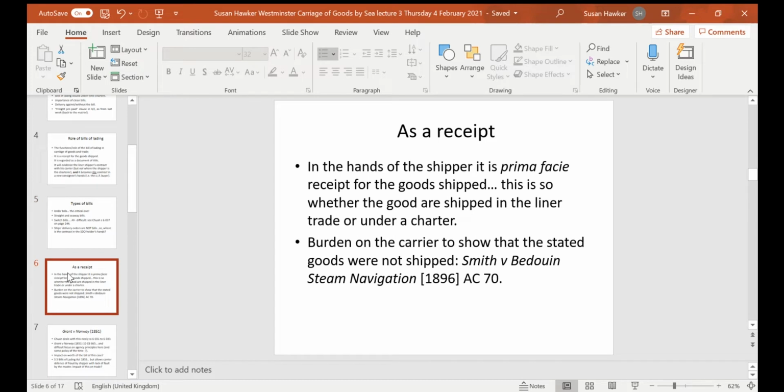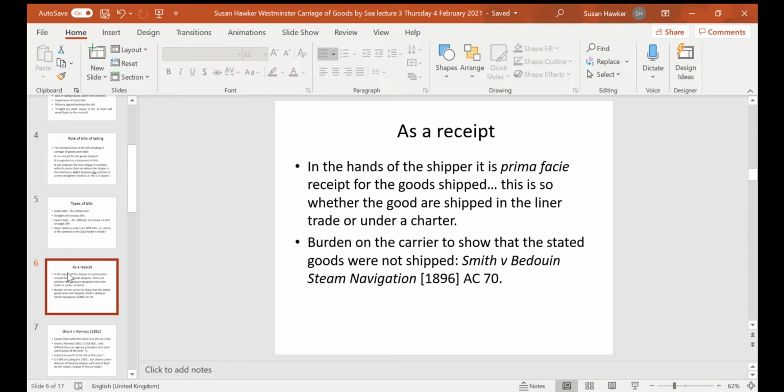Right, so the first of the functions. The bill of lading is a receipt. And in the hands of the shipper, it is prima facie a receipt for the goods shipped. And this has always been the case, and this is the case today. And so it's admissible in court to show what was shipped, but in actual fact it can be refuted.